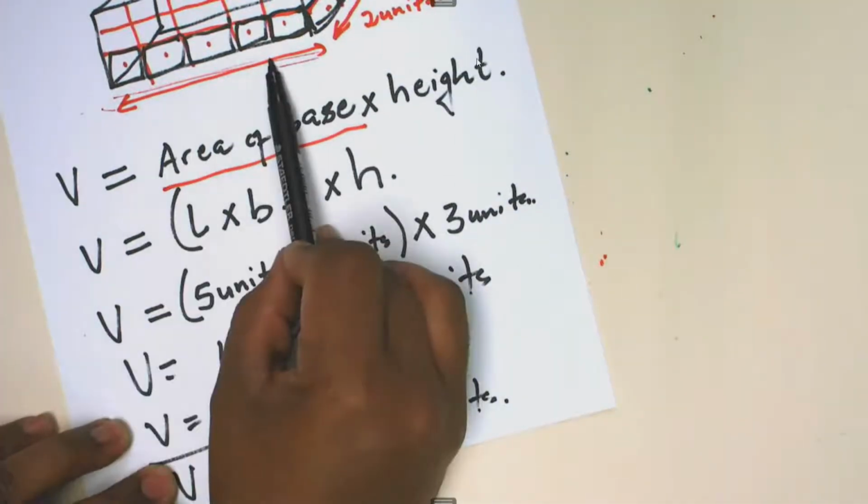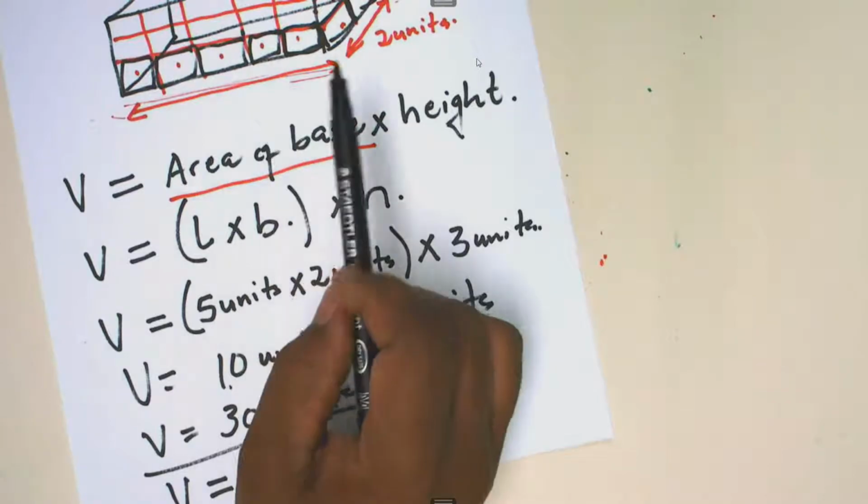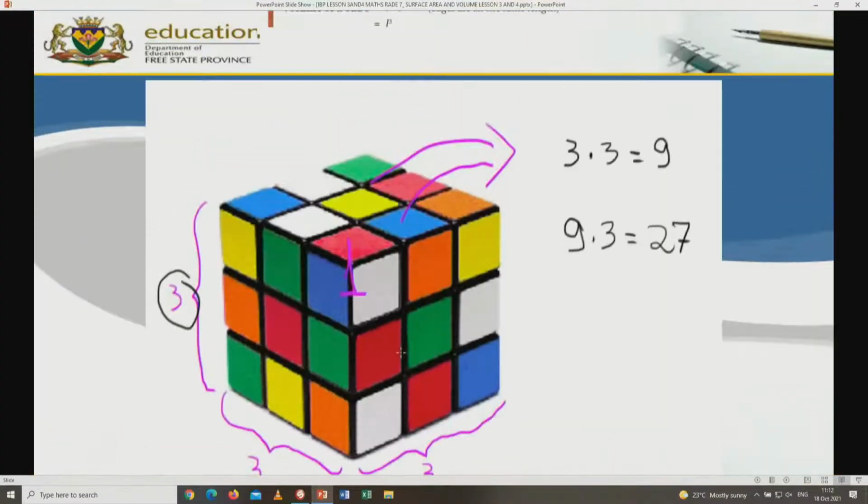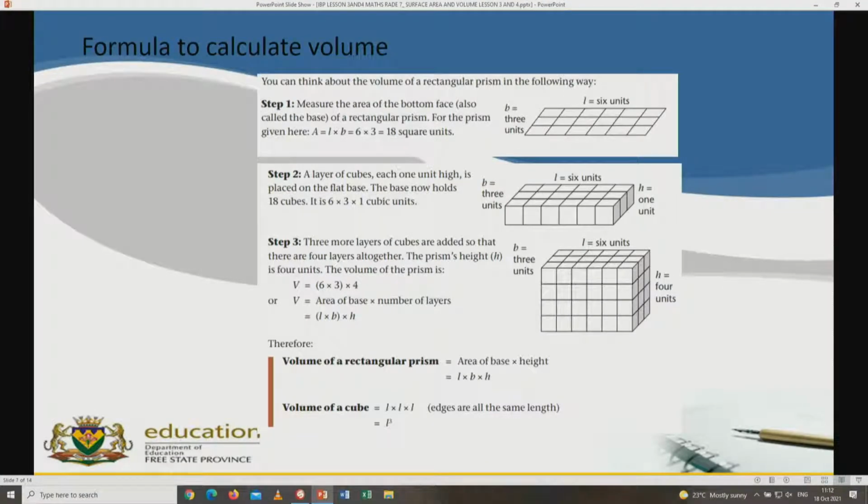In the first step, if you still remember, let me try and go up there. When we started, we said in step number 1, I have what? I will have the area of the bottom face of 5 units by 2 units, and therefore that will be 10. And therefore, I will put how many layers? I'll put 1, 2, 3.